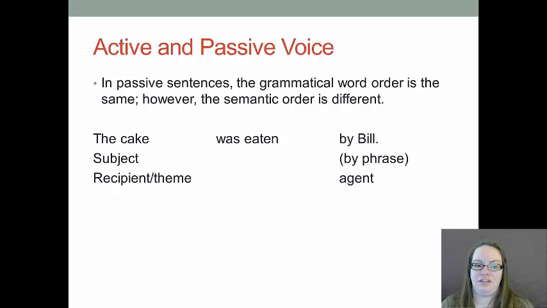So we now have the theme, or the thing that was eaten, first in that subject position, where before we had Bill in the subject position. And then we have the verb, and then the agent now comes at the end. So what happens is our syntactic roles or our grammatical roles are the same in a passive voice sentence, but our semantic roles, or thematic roles as sometimes people say, are switched.